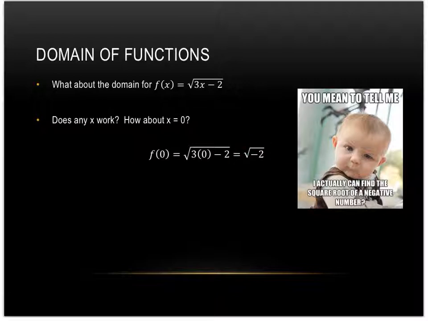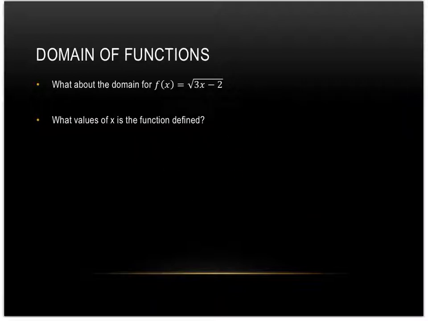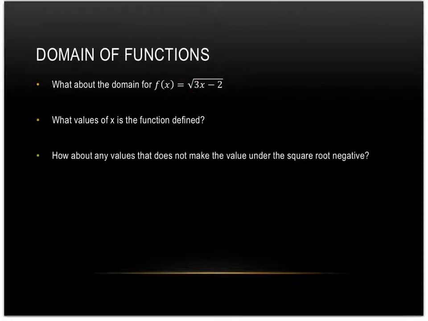So apparently 0 won't work. Well, how can I tell what my domain is? Well, if I say where is this function defined, it's defined only for values under the square root that would be positive. And how we write that in math, positive numbers would be greater than or equal to 0.